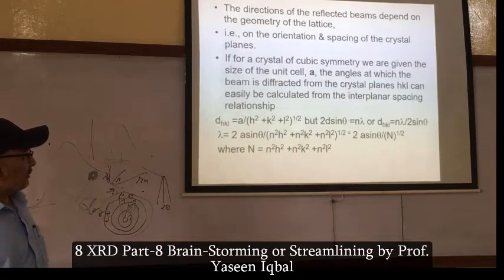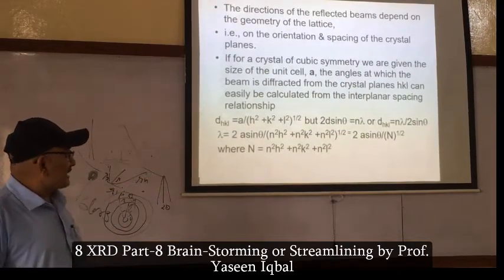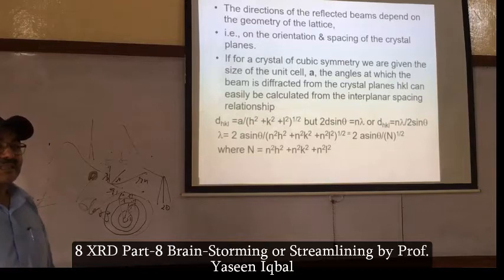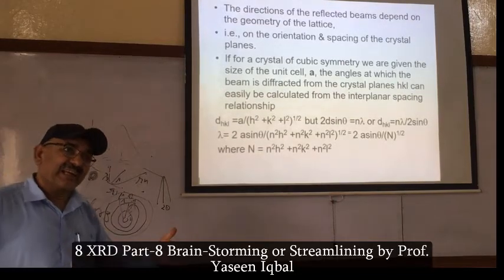But 2D sine theta is equal to n lambda, with D as DHKL. This D is DHKL.